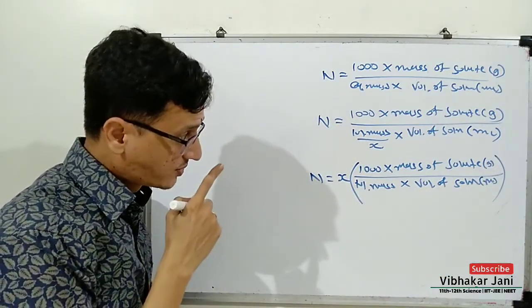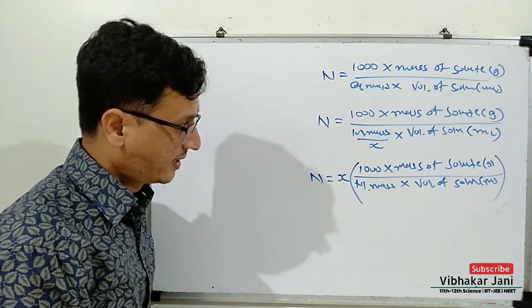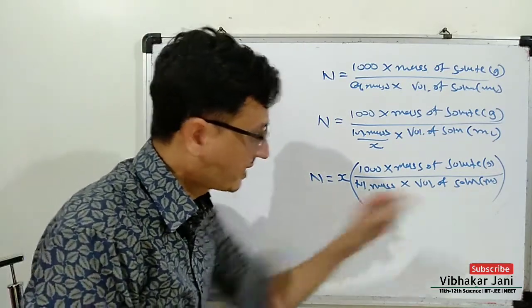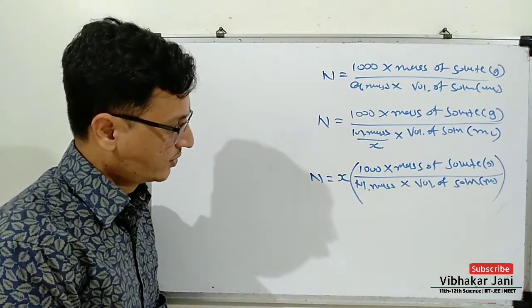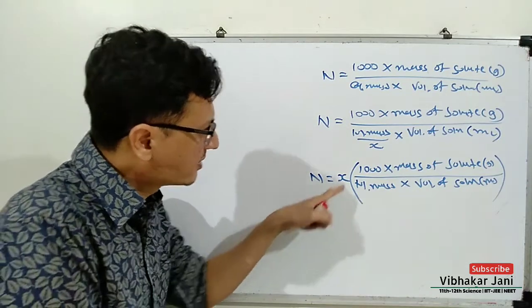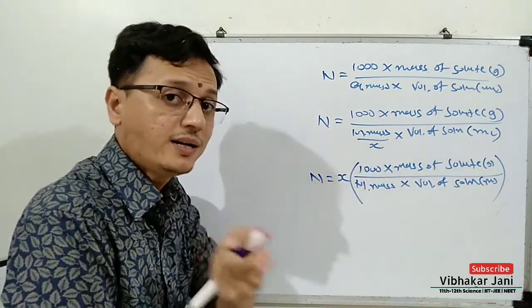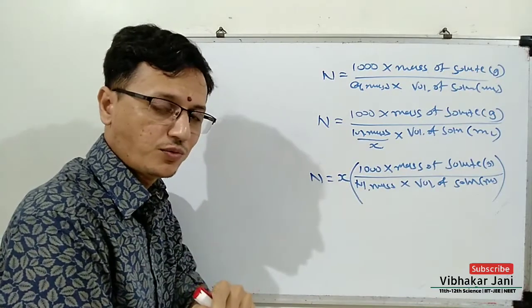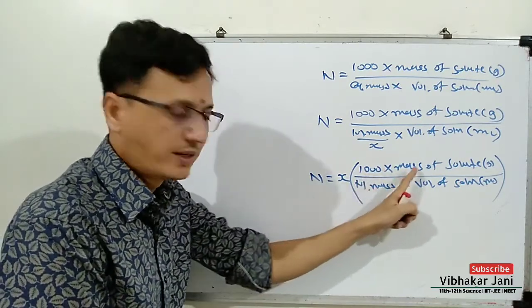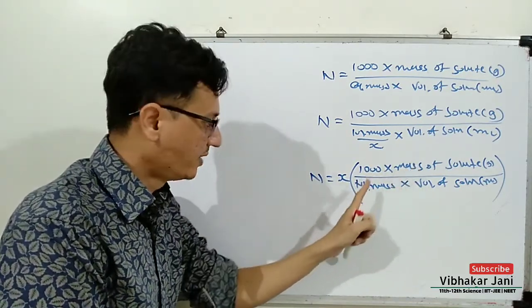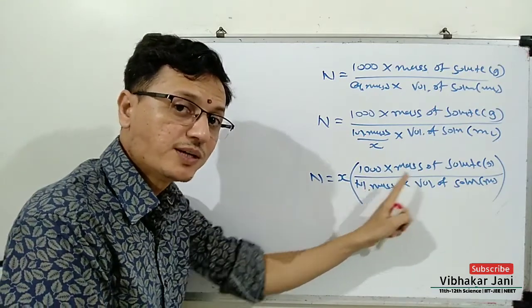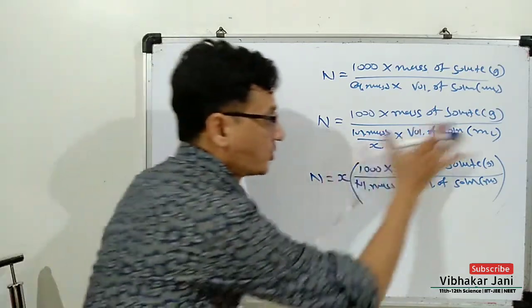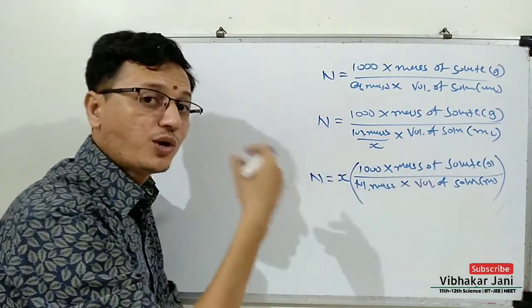Now if you see carefully this formula, which is written in the bracket, then you will definitely say that this is the formula of molarity. Remember the formula of molarity: 1000 multiplied by mass of solute divided by molecular mass multiplied by volume of solution. So this bracket is the formula of molarity.